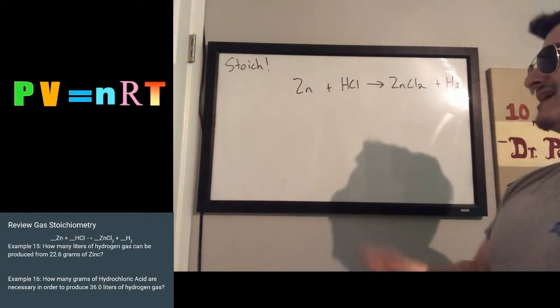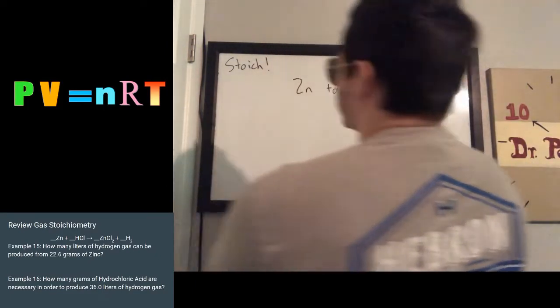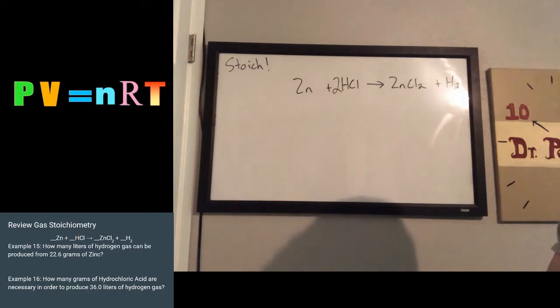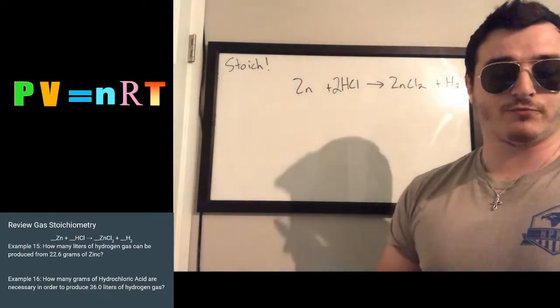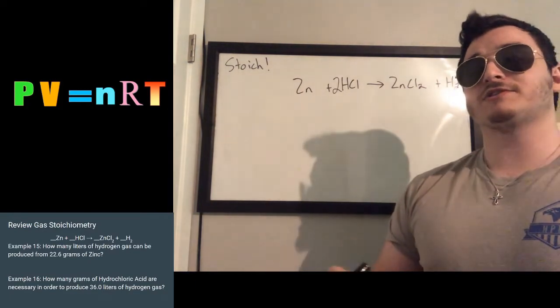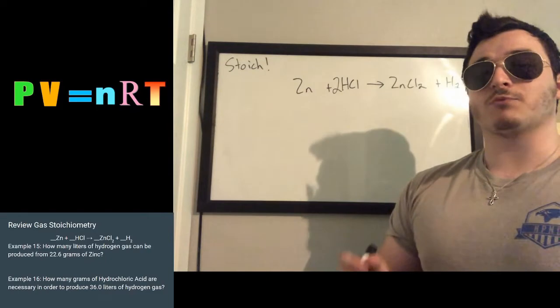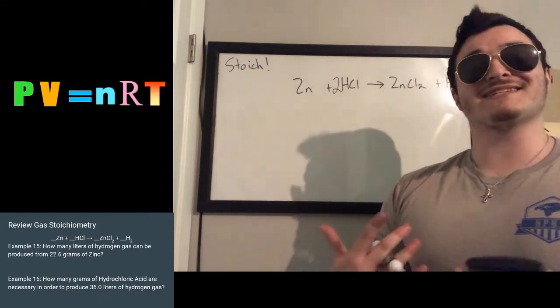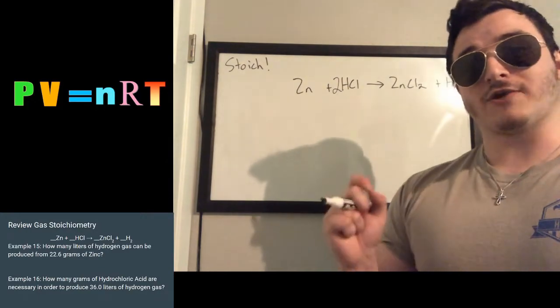If we don't balance it, there's like a 95% chance we're going to get it wrong. All we need to balance it, though, is a 2 in front of the acid. Now we read our problem. How many liters of hydrogen gas can be produced from 22.6 grams of zinc? Notice there is no mention of temperature or pressure, which means we are going to simply assume that this is at STP. And that's very, very critical to how we're going to solve this.